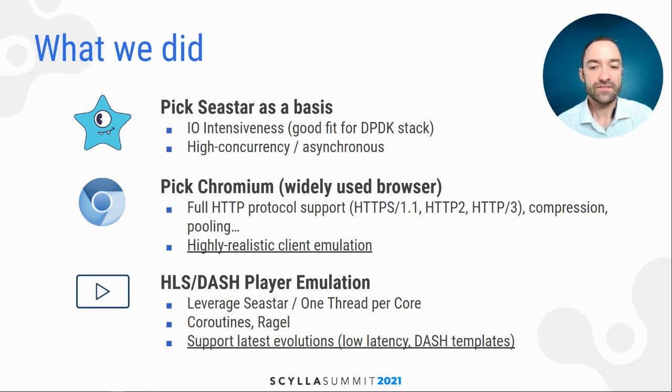The last thing is that on top of this, we implement HLS and DASH player emulation. We leverage Seastar and the one-thread-per-core model for this implementation to be highly efficient. We use coroutines, and we use Ragel for protocol parsing, as is done with Seastar. And what's important here is that we support the latest protocol evolutions, like low latency, which was released last year, and all DASH templates.